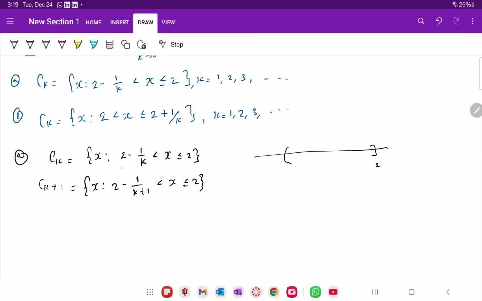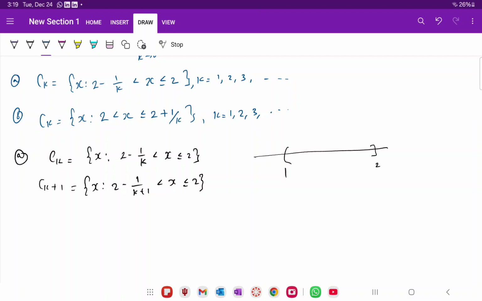For C1 we have 2 minus 1, so we have 1 to 2. For the other one, this is 2 minus half, and that is 1 and a half. So you can see that obviously this is non-increasing.